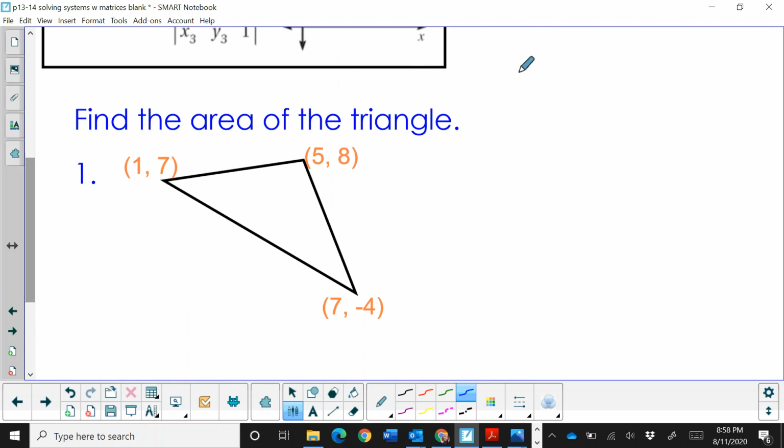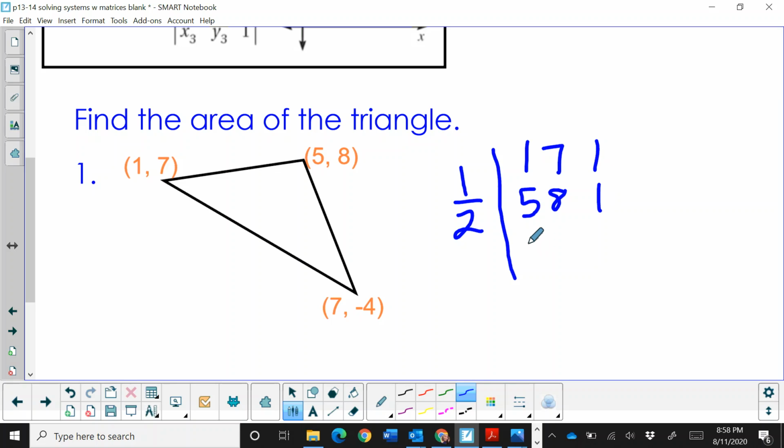Okay, so let's try one. Here's our triangle. It's on the Cartesian coordinate plane. So we're going to do 1/2 the determinant of 1, 7, 1, 5, 8, 1, 7, -4, 1.